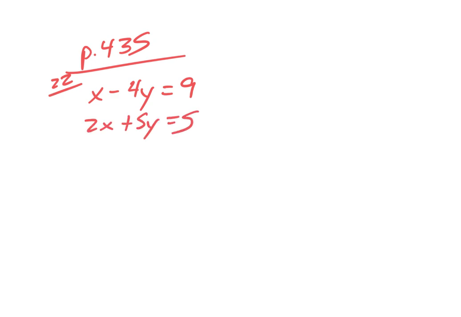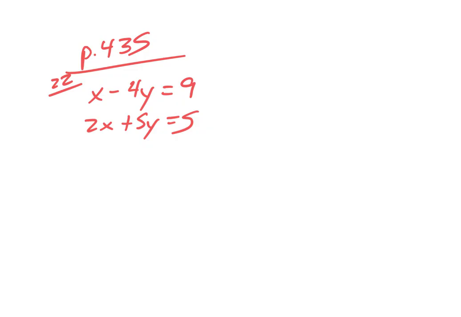Okay, the directions in your book say solve the system of equations using Gaussian elimination, or use a graphing calculator to check your answer. Basically Gaussian elimination is just using elimination to solve this, and I'm not going to ask you to do that, okay? So we're just solving this by our calculator today.